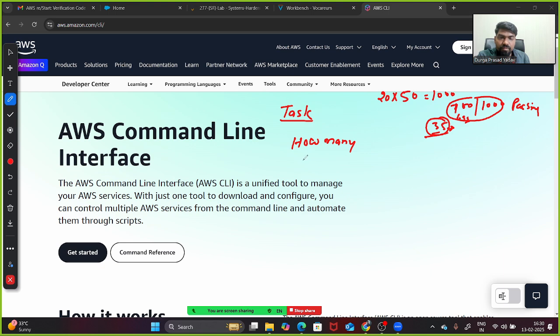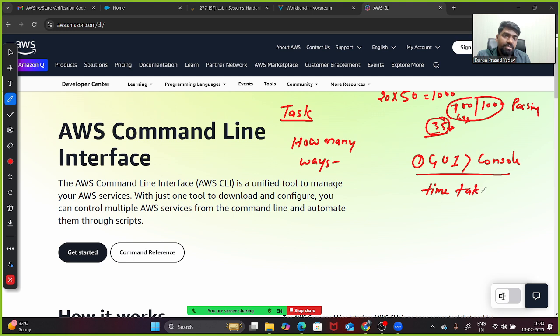If you need to access AWS through the GUI method, we use the AWS console. Before, whatever we were using in AWS was console only. We opened the dashboard, clicked on services, opened the service, and created the resource. But there is a problem in console. It is a time-taking method of accessing AWS.